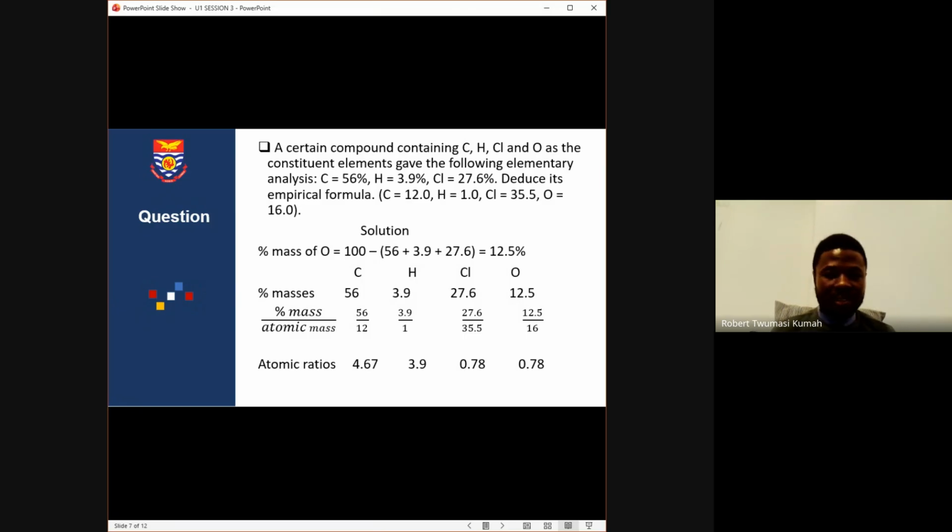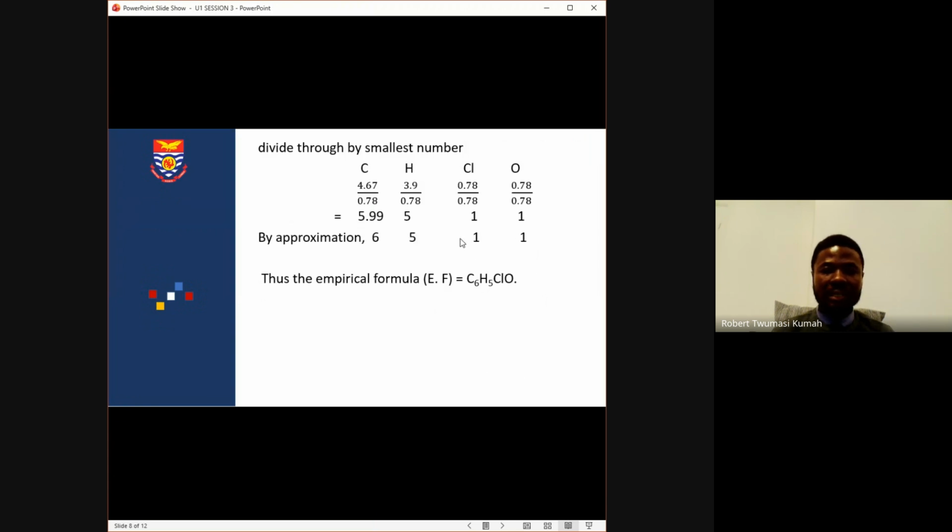So we are now going to divide through by the smallest number that we have here, which is 0.78. So everyone is divided by 0.78. That gives us the values as we see here.